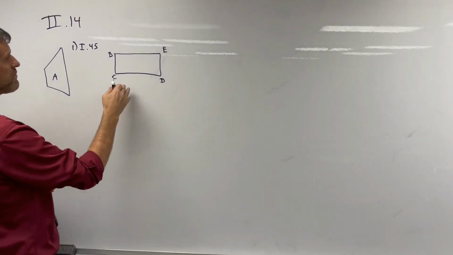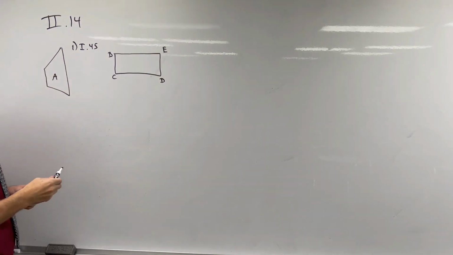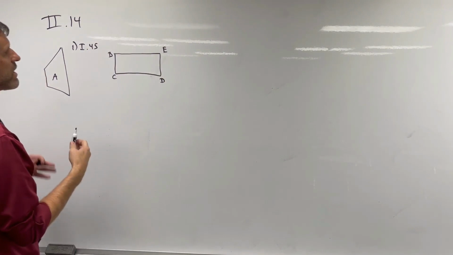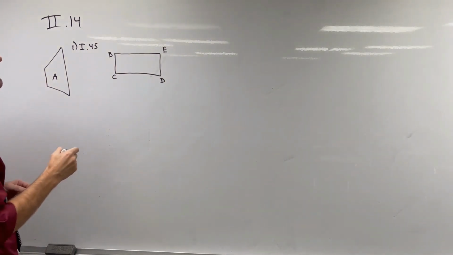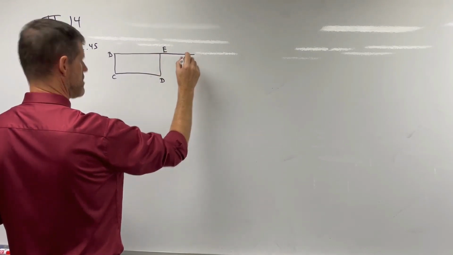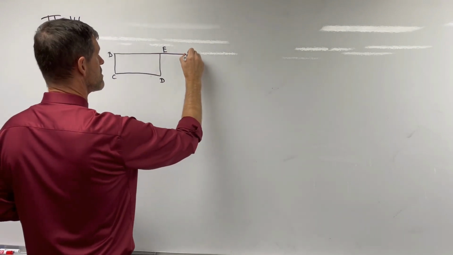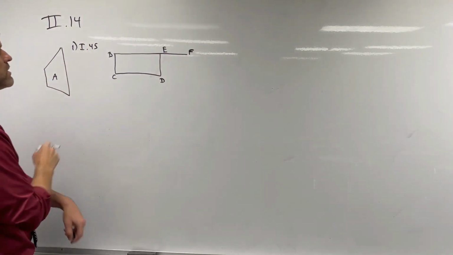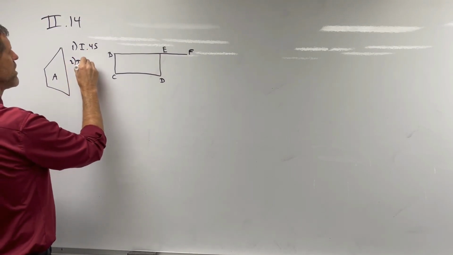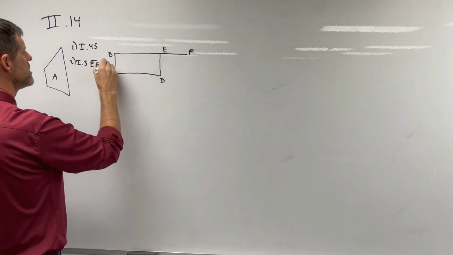Now this parallelogram, if BE and ED were equal, then it would be a square. But if BE and ED are not equal, one of them is greater, so we're going to let BE be the greater, and we're going to extend out from point E, make it a little shorter, EF, using Proposition 3 of Book 1, so that EF equals ED.